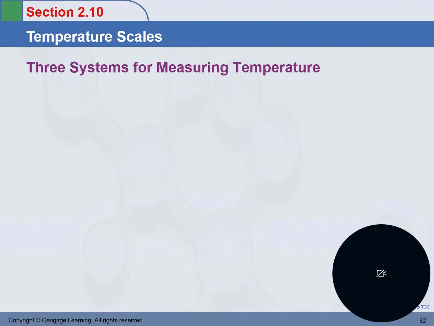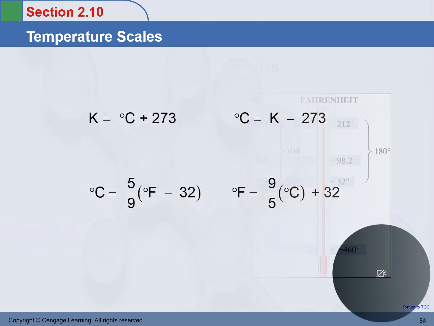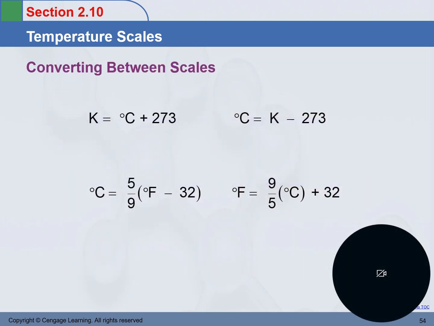Last part of chapter 2 is all about temperatures, and there are 3 different temperature scales that we'll encounter in here: Celsius, Kelvin, and Fahrenheit. Here is a way to convert between our temperature scales.